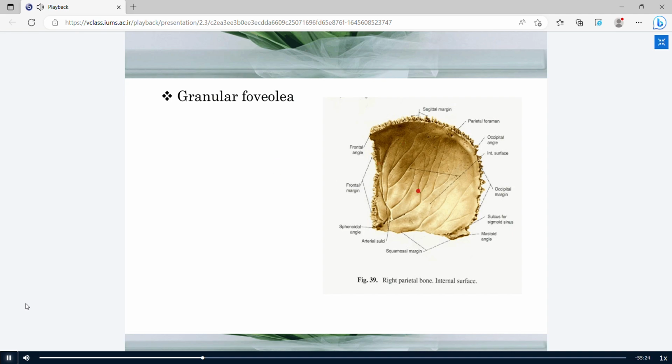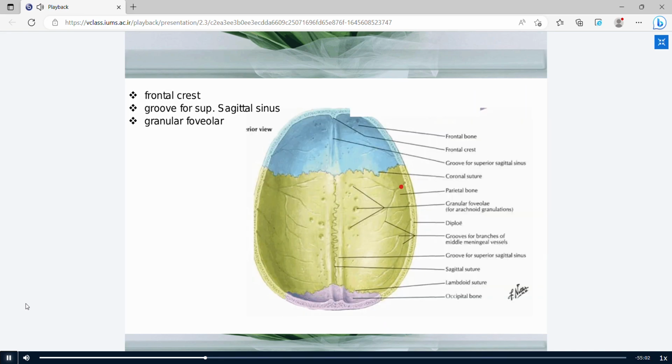In this slide, you can see the internal surface of the parietal bone. In the internal surface, there are many arterial sulci. These are the sulci for branches of the middle meningeal artery. There are also granular foveolae for arachnoid granulations, the location of the arachnoid granulations.